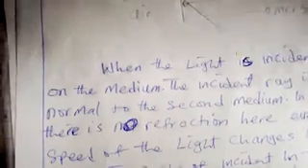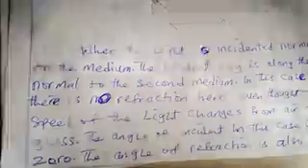Then when the light is incident normally on the medium, the incident ray is along the normal to the second medium.